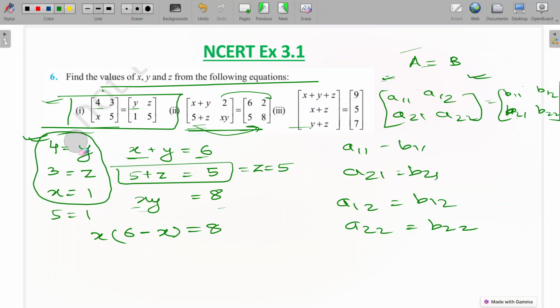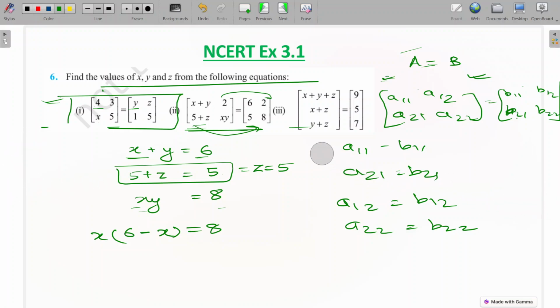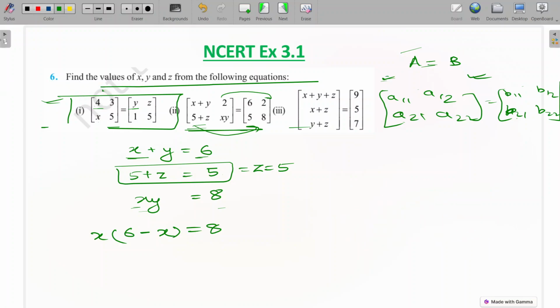Let me clean the board first. From here it is showing 6x minus x square is equal to 8. We will just take the whole equation to this side.